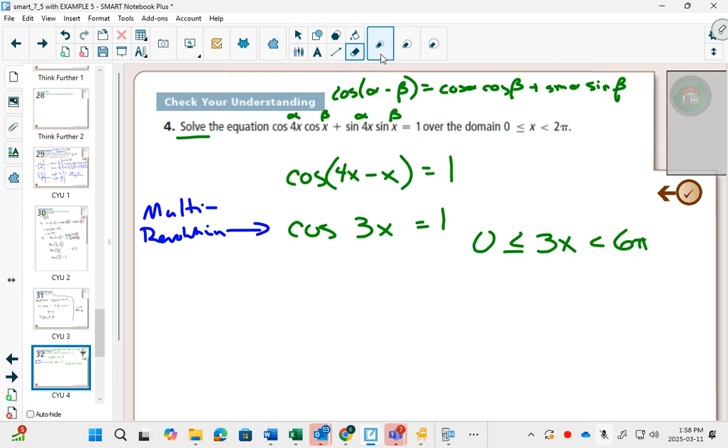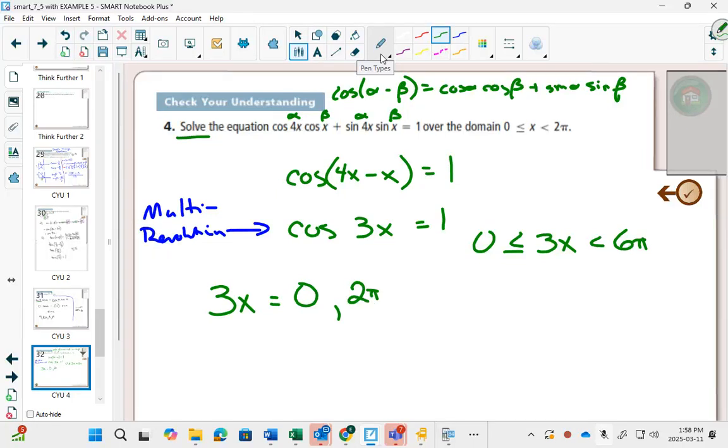Then you solve for 3x. Is 1 on your pi plate? 1 is on your pi plate. Cos is your x or y coordinate? X. So that happens at 0, right? Yeah, that's the x coordinate over here, 1, 0, all the way around, 2 pi, all the way around again, 4 pi, all the way around again, 6 pi. But what do we do with 6 pi?